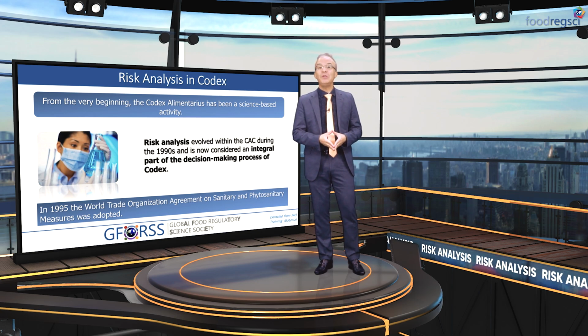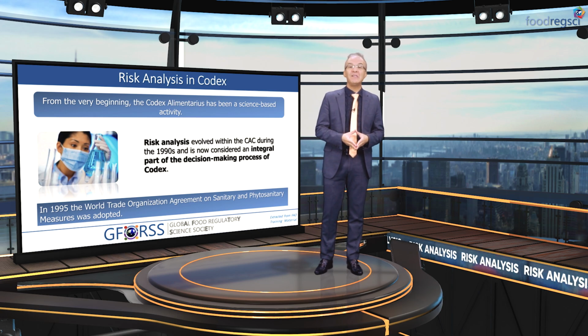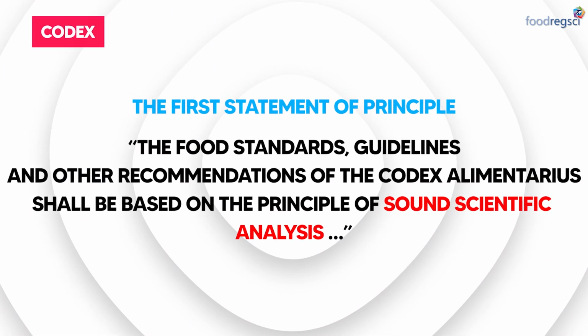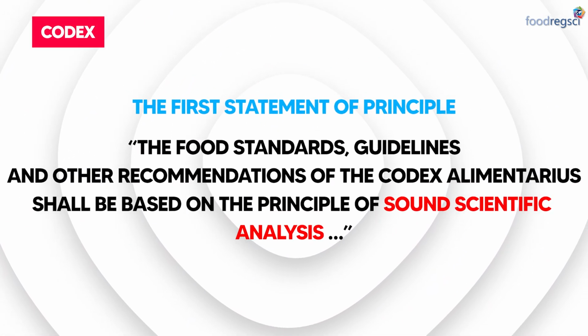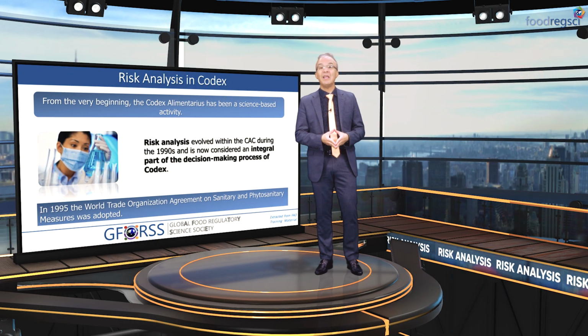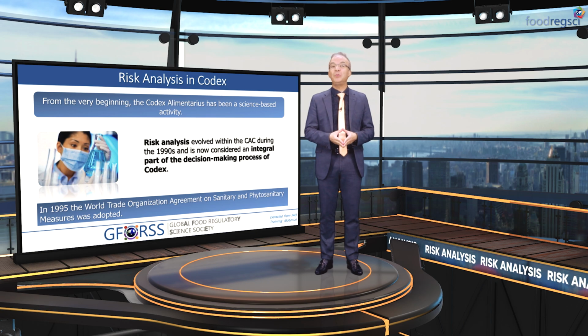The first statement of principle concerning the role of science in the Codex decision-making process and the extent to which other factors are taken into account says the following: the food standards, guidelines, and other recommendations of the Codex Alimentarius shall be based on the principle of sound scientific analysis. These statements are in the appendix to the Codex Procedural Manual.